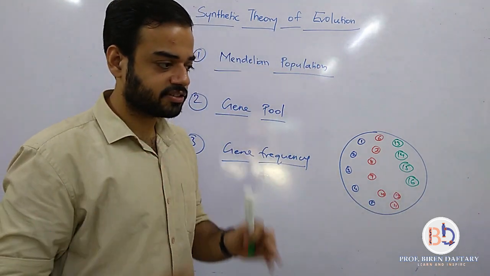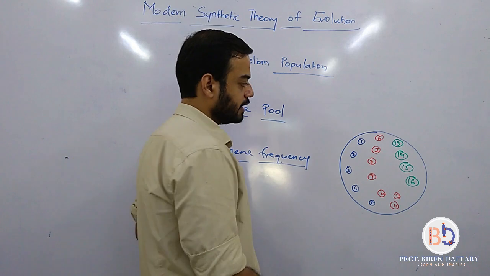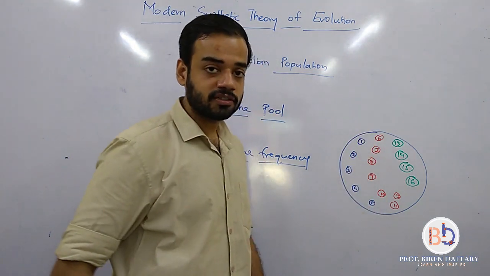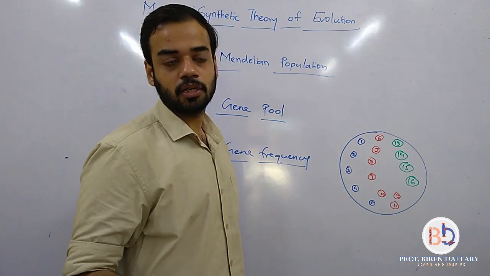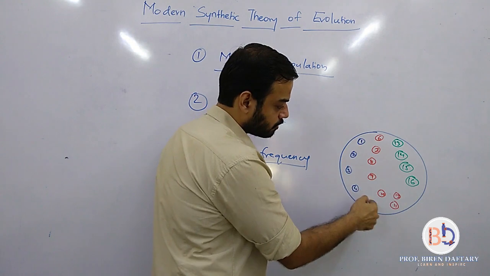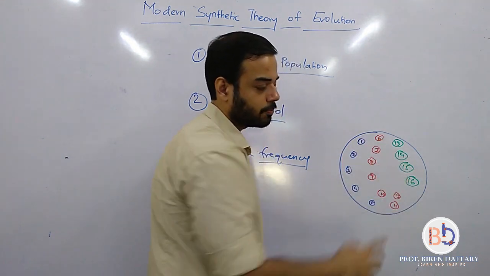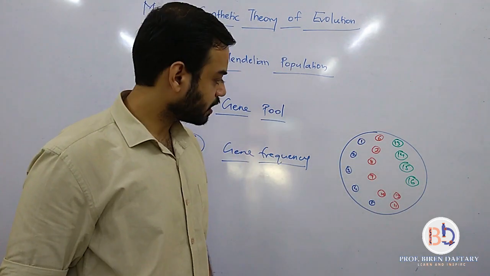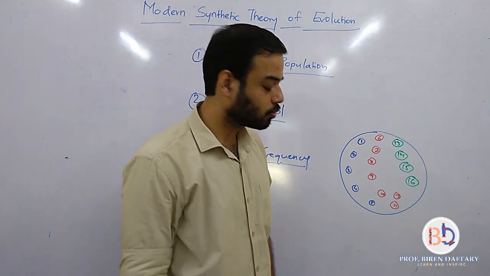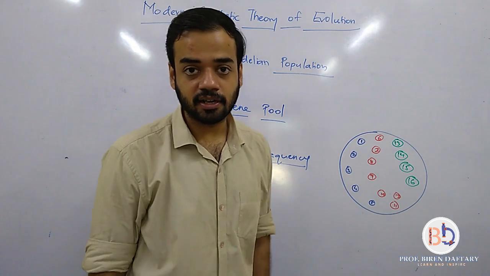Now if I ask you, for all the organisms belonging to this blue colored category, what is the frequency of these organisms? What do you mean by frequency? Frequency means the proportion of these organisms in this entire population. Right now, the total organisms present are 16.